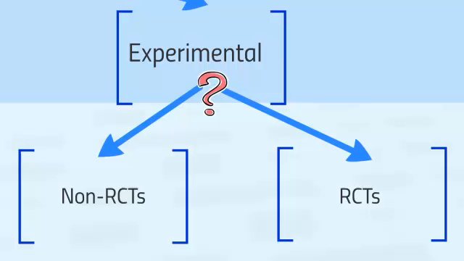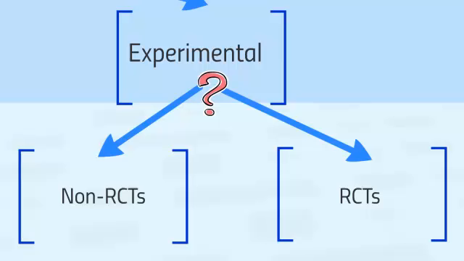So an experiment can then be divided into two further categories. And the question to ask, once you've identified it as an experimental study, is, well, how have they assigned these interventions that they're giving? Is the assignment through a random process?